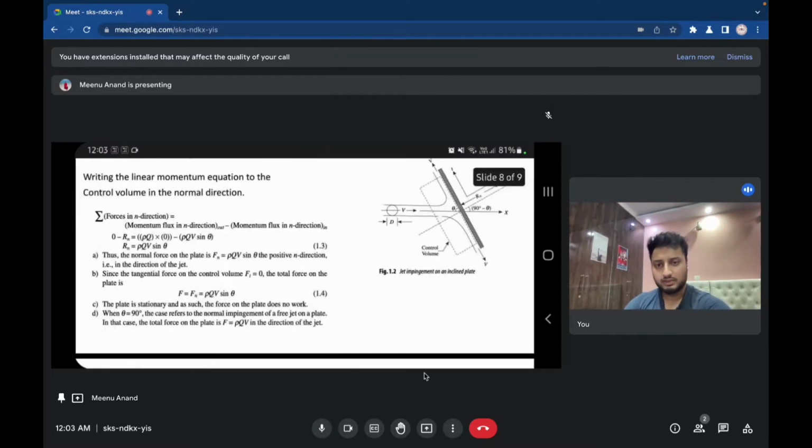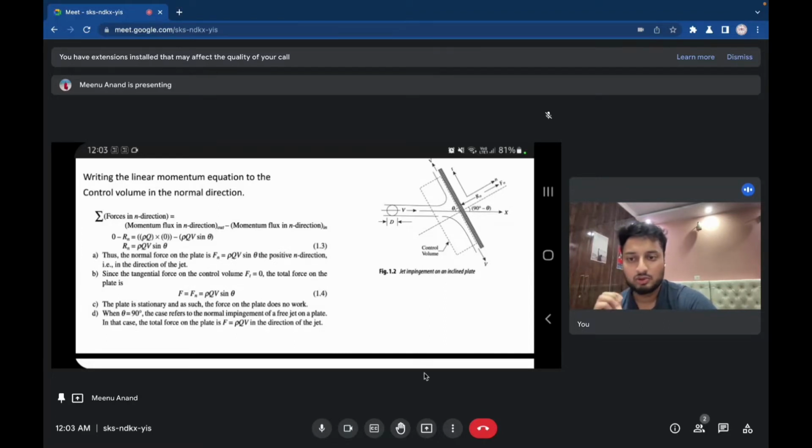Thus, the equation is: sigma forces in n direction is equal to momentum flux in n direction out minus momentum flux in n direction in, which is 0 minus Rn equal to rho Q times 0 minus rho Q V sine theta, which is the third equation. Rn is equal to rho Q V sine theta.